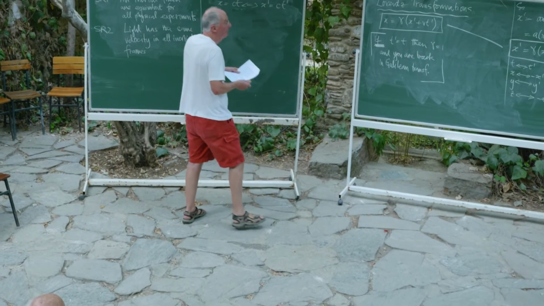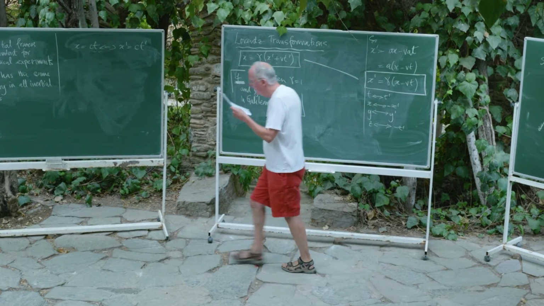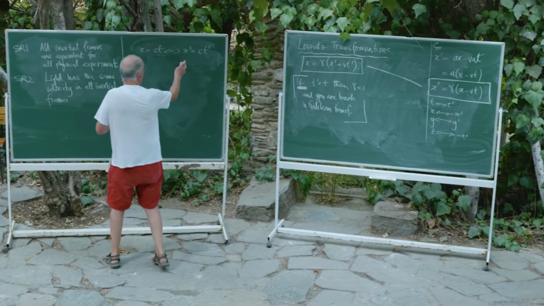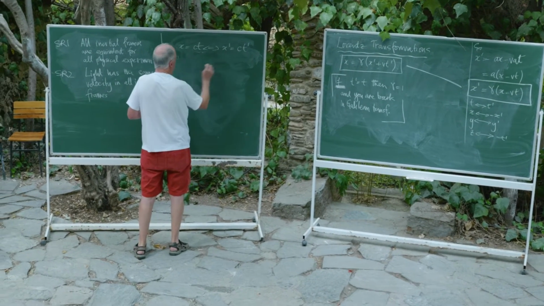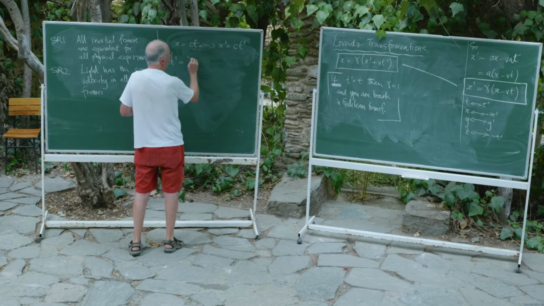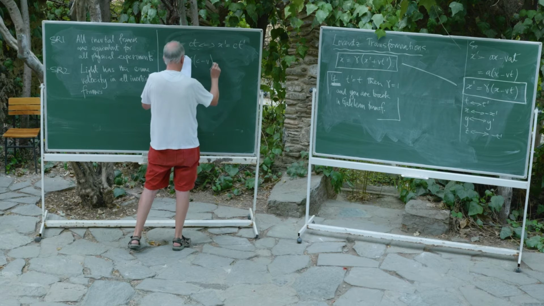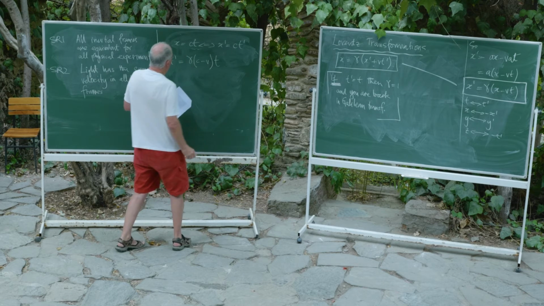So if you put x dashed equals ct dashed in here, you'll get ct dashed equals gamma (c minus v) t.